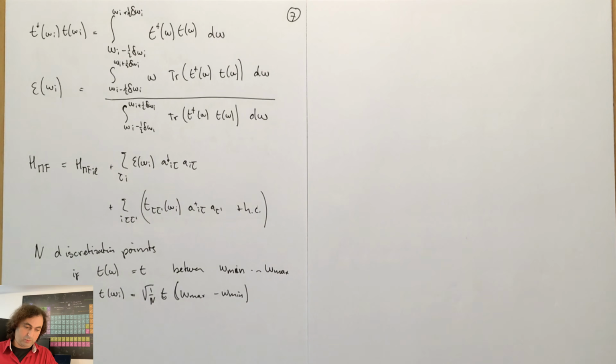Now, in order to get a little bit more of a feeling what is going on in this formalism where we talk about hybridization functions, we can also derive exactly the same result, but now starting from a tight binding model, and also there get to a local Hamiltonian interacting with a bath with a discrete number of bath states that you can build up starting from the local states.